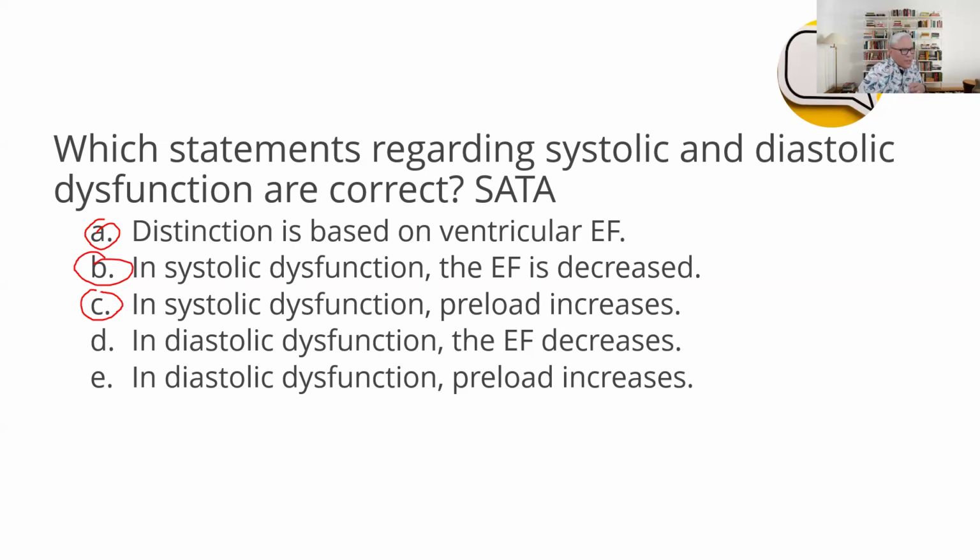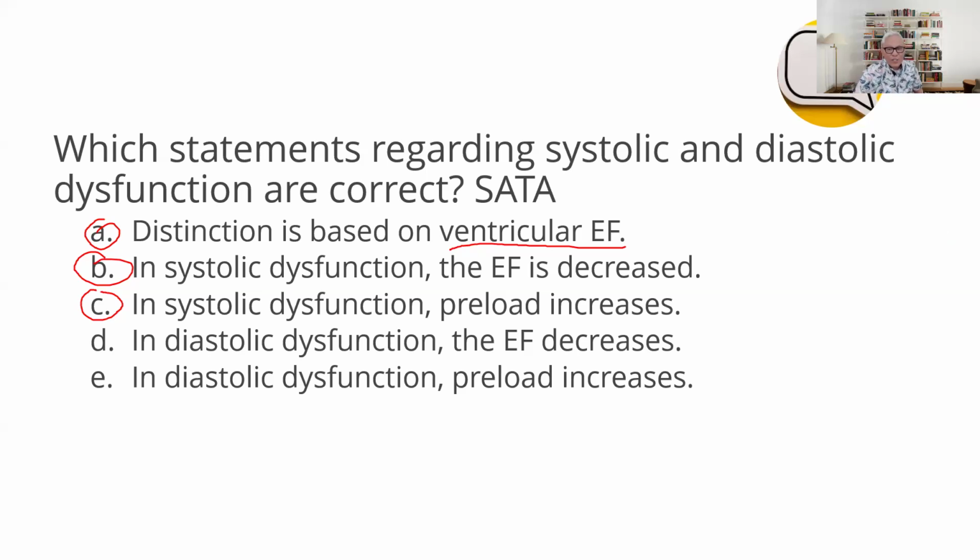Okay, so the correct answers are letter A, letter B, and letter C. The distinction is based on ventricular ejection fraction. Remember that in systolic failure, there's going to be a decrease in your ejection fraction.